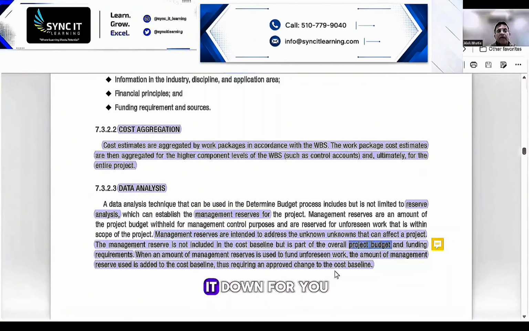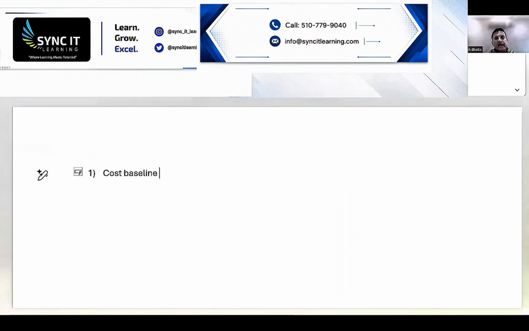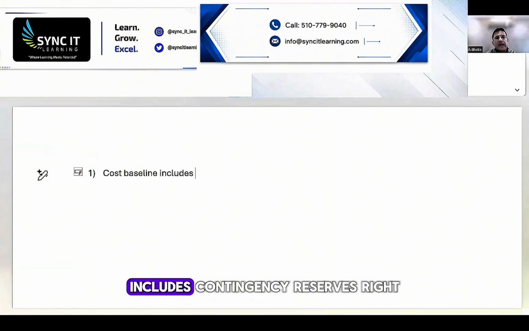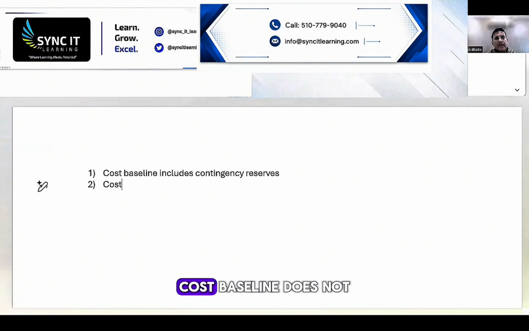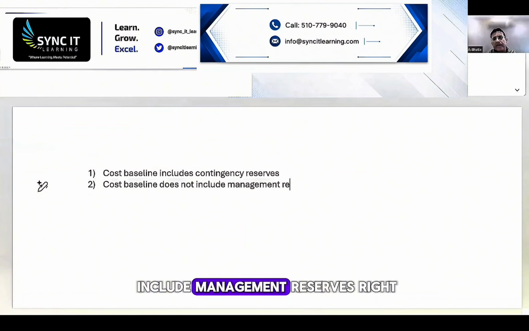So let me write it down for you. Cost baseline includes contingency reserves. Cost baseline does not include management reserves.